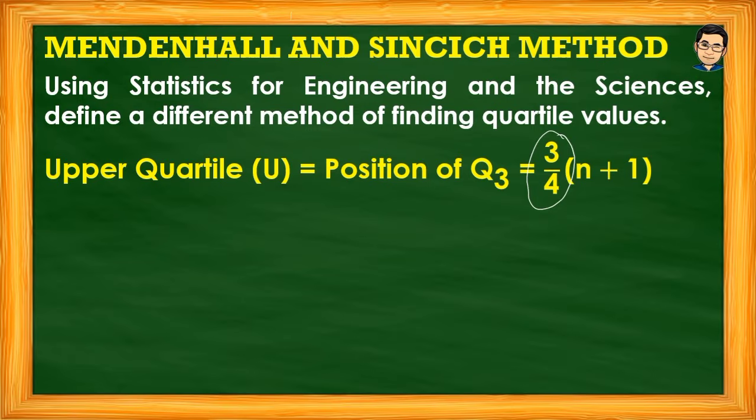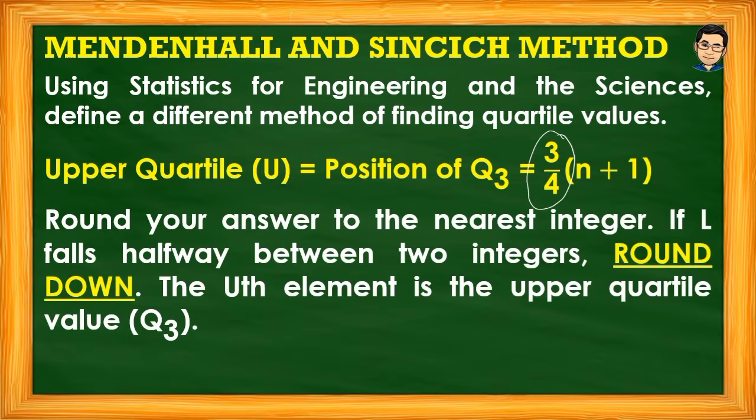The location of the upper quartile is the 75% of our data. Again, n is the number of observations, the total. For the lower quartile, we round up the answer, but for the upper quartile, we round down.